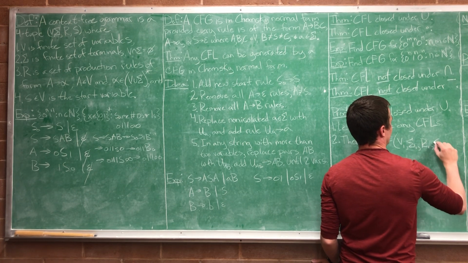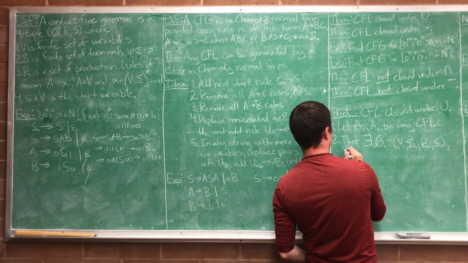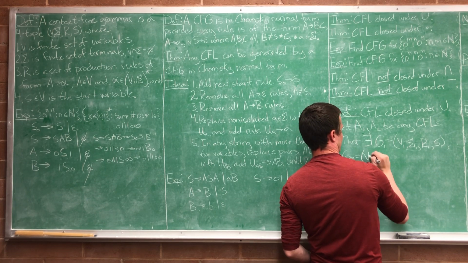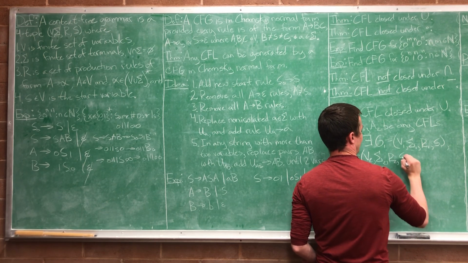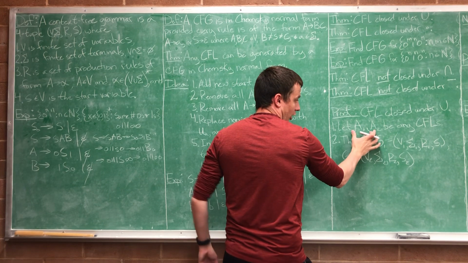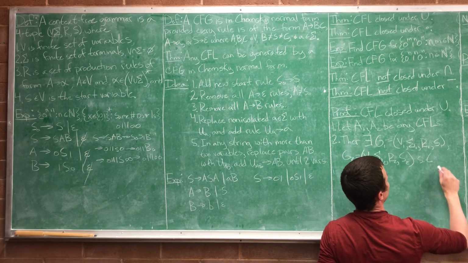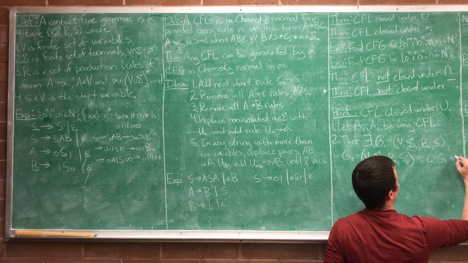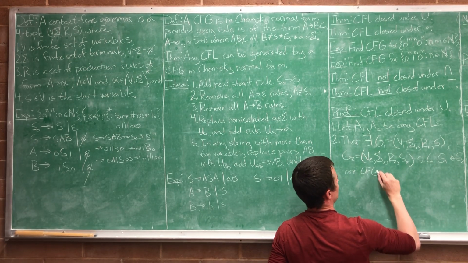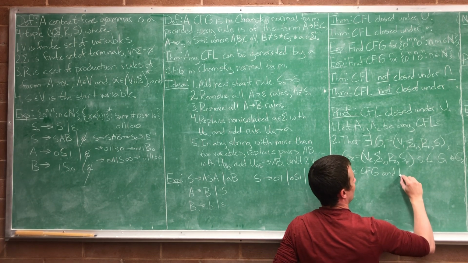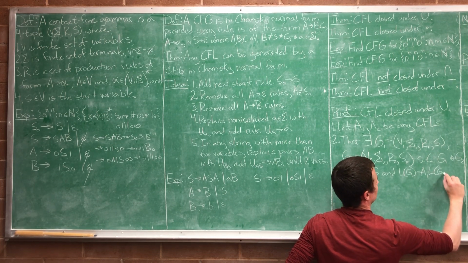And G2 equals (V2, Σ2, R2, S2). Since those are context-free languages, there exist these two grammars such that G1 and G2 are context-free grammars, and the language of G1 is equal to A1, and the language of G2 is equal to A2.